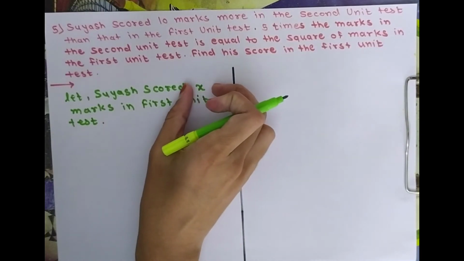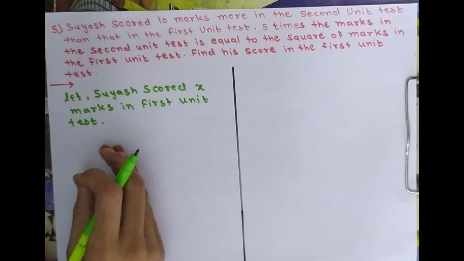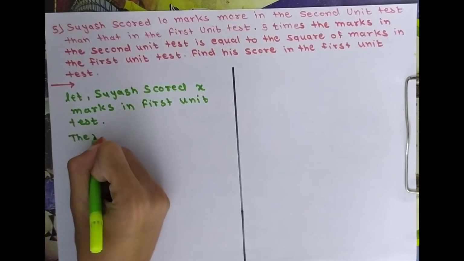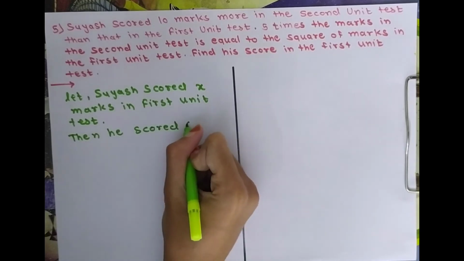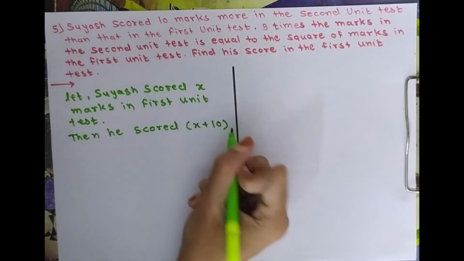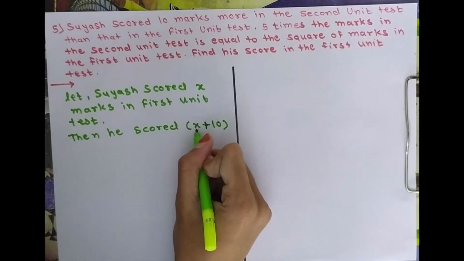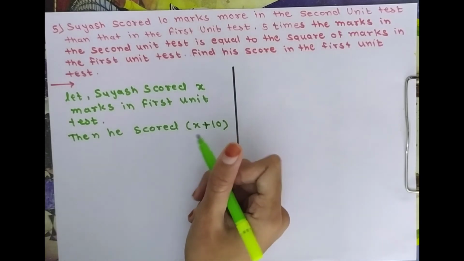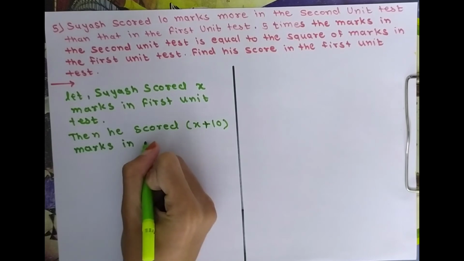First he scored X marks in first unit test and second unit test 10 marks more than the first unit test. Therefore, he scored then X plus 10. 10 marks more than first unit test. First unit test is what? X. Then second unit test is X plus 10 marks in second unit test.